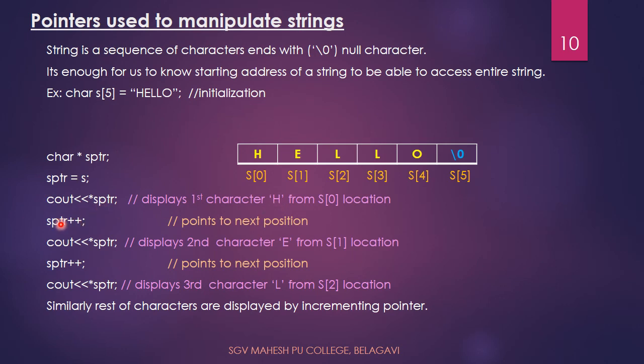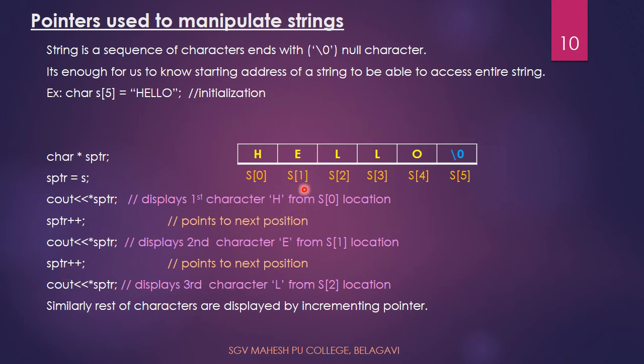Now if I increment sptr with sptr plus plus, the pointer starts pointing to the next position, that is s of 1. In the next statement I'm going to display the value of star sptr. So it's going to display the next character, that's E. What if I increment sptr again?